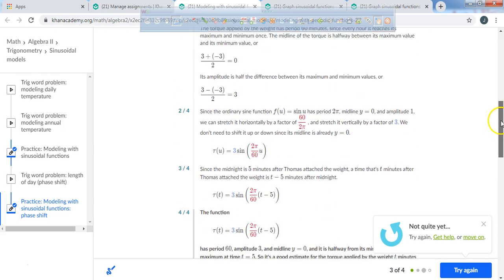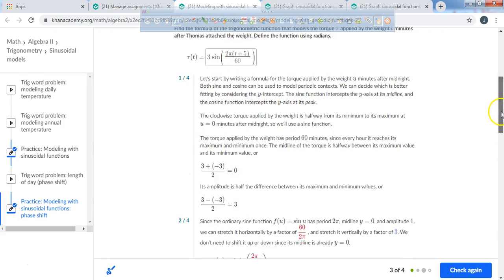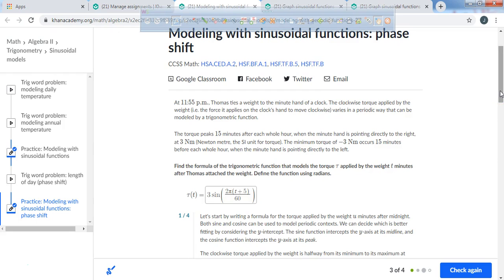Let's see what they said here. Since midnight is 5 minutes after, I guess they wanted t minus 5 instead of t plus 5.